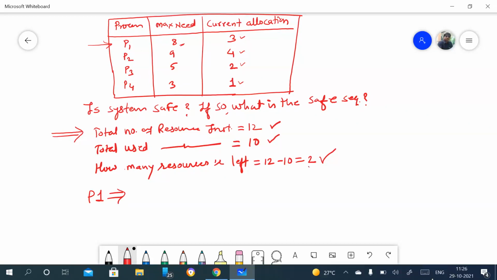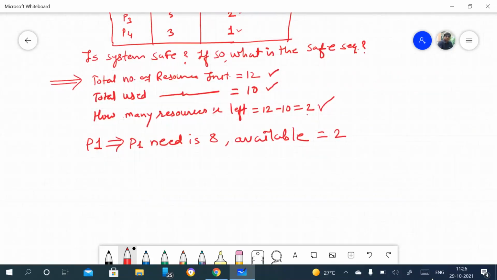Only two instances we have in our hand, right? So P1 need is 8, and available with us are 2. So we can give these 2 units to the P1 process and check whether that process will execute or not, right?